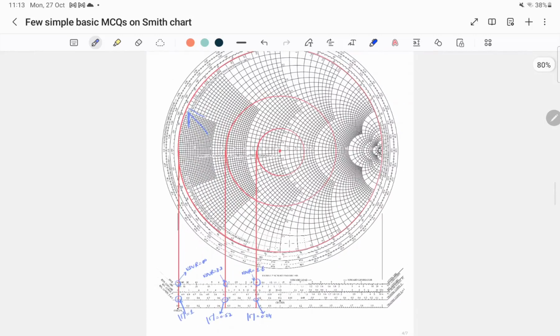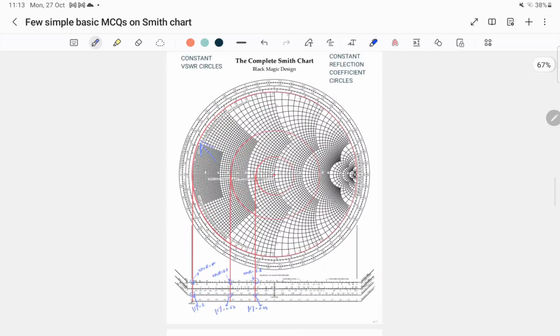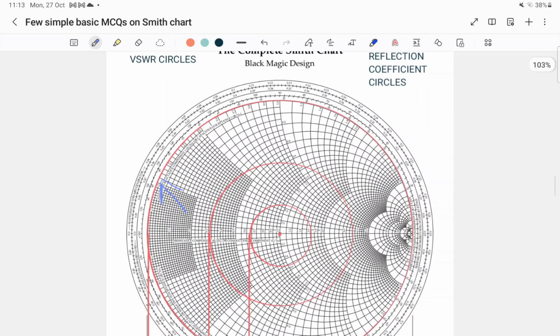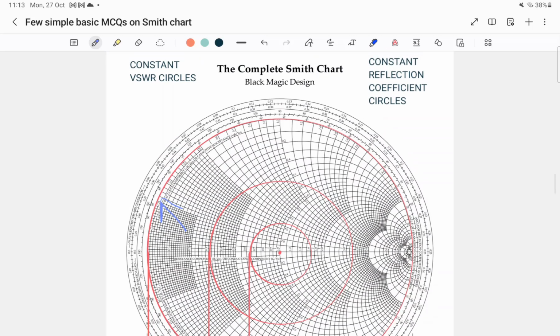Alright, so what is important to know is that a graphical representation of a VSWR circle and a graphical representation of reflection coefficient circles looks something like this. These are all constant VSWR circles and constant reflection coefficient circles.